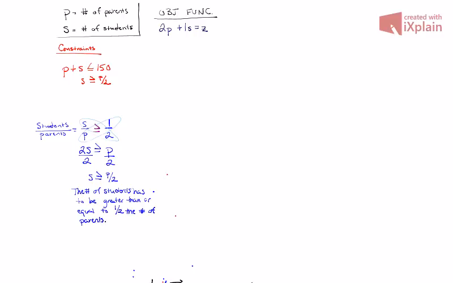So one parent cannot just show up, well, actually 1 over 1 is greater than 1/2.